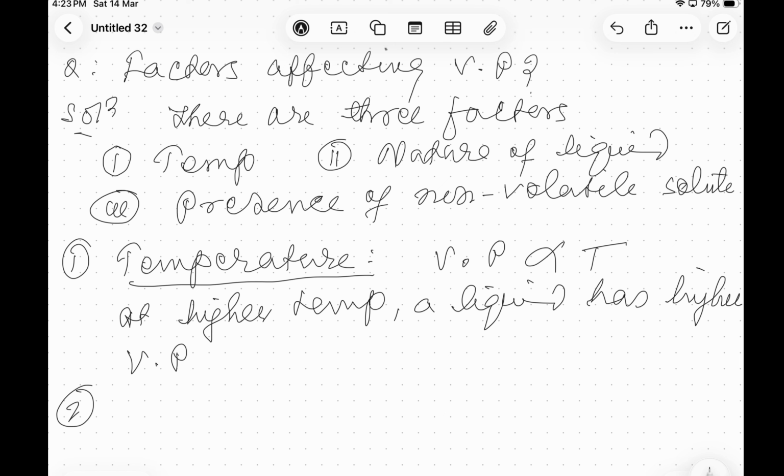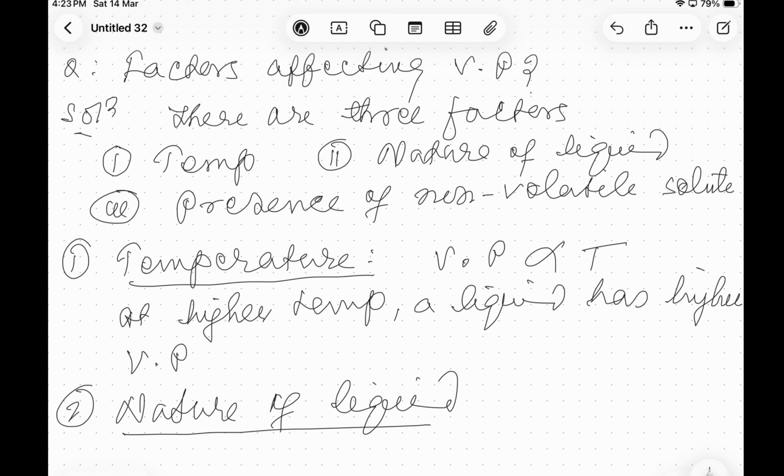Now, second point, nature of liquid. Here, nature will be decided by intermolecular force of attraction.